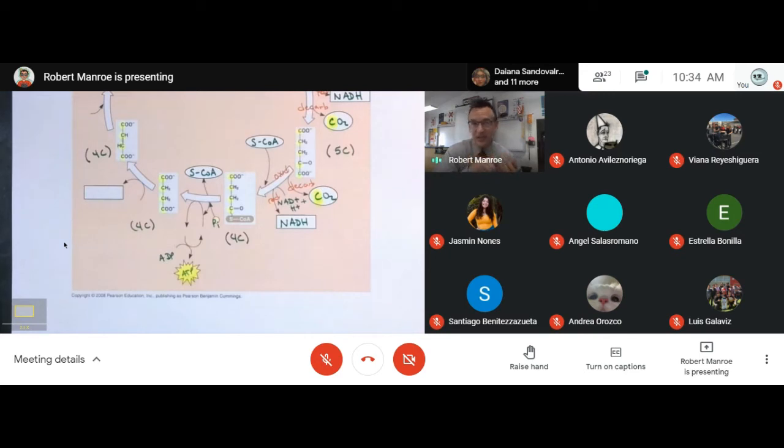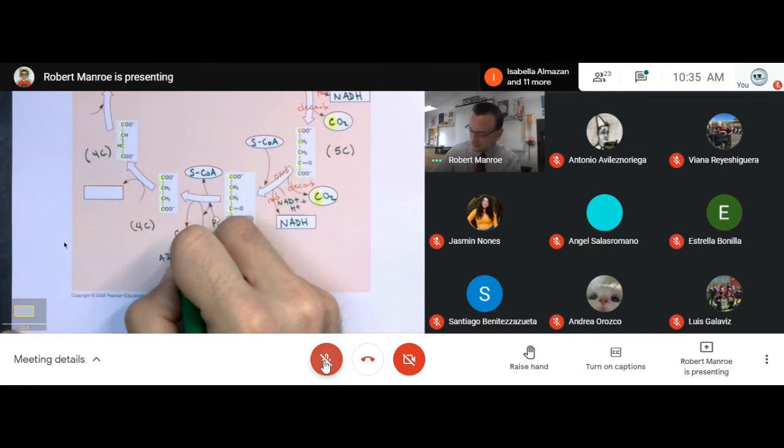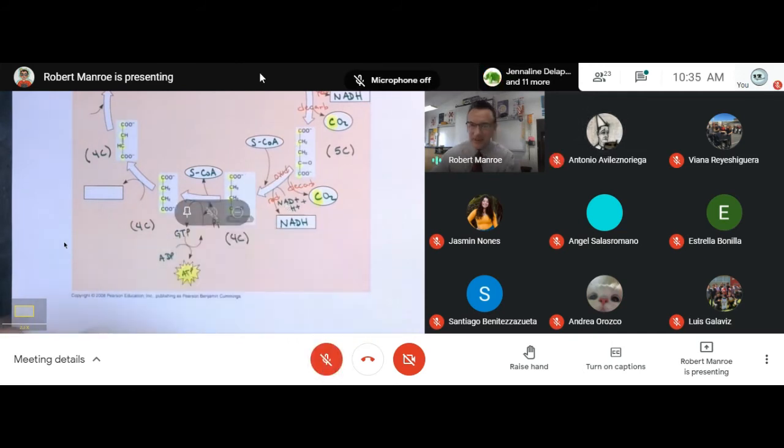One of the things we don't teach in high school until this point is, guess what? There's not only ATP, guess what else there is? TTP, there's CTP, and what's the last one? There's GTP.